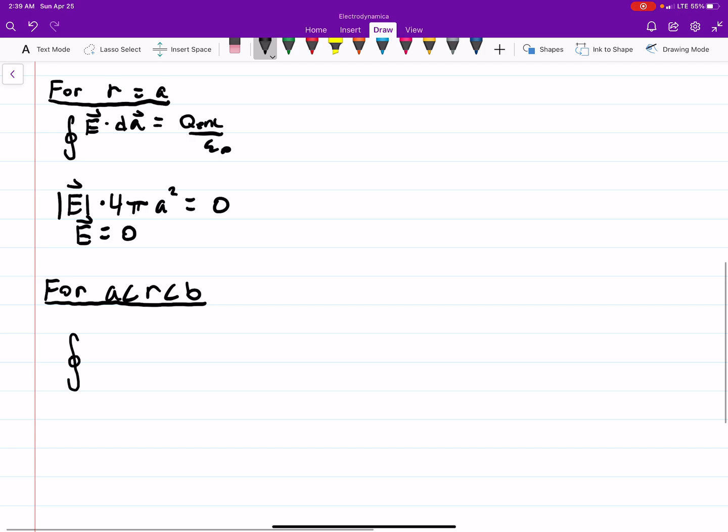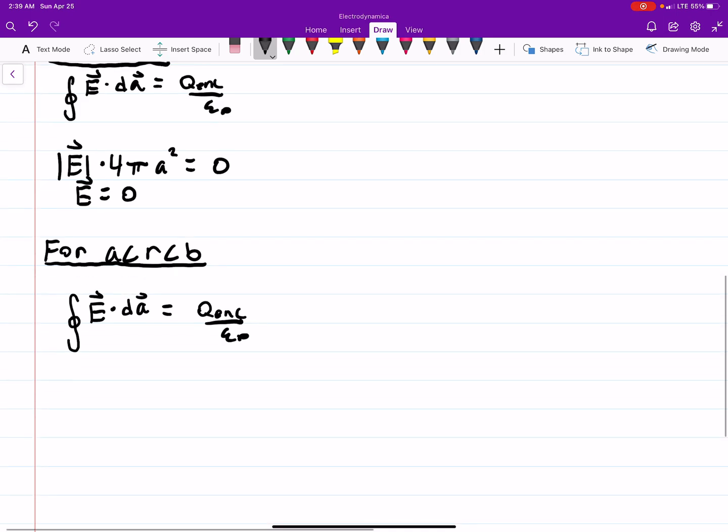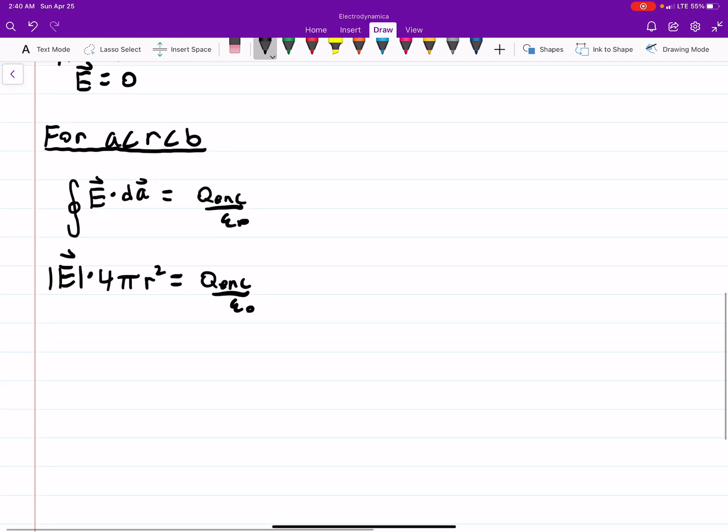The closed surface integral of E dot dA equals the enclosed charge over epsilon naught, where this is going to be equal to the magnitude of E times 4 pi r squared equal to Q enclosed over epsilon naught. Now we're going to spend a little bit of time to figure out what this enclosed charge is.